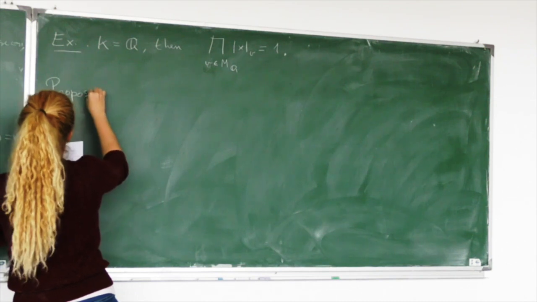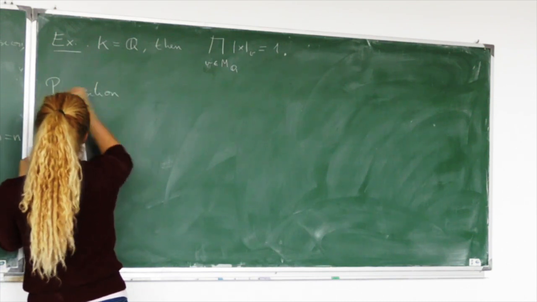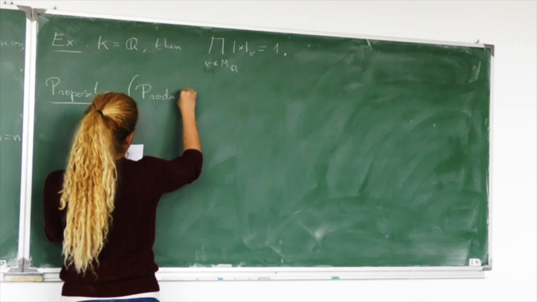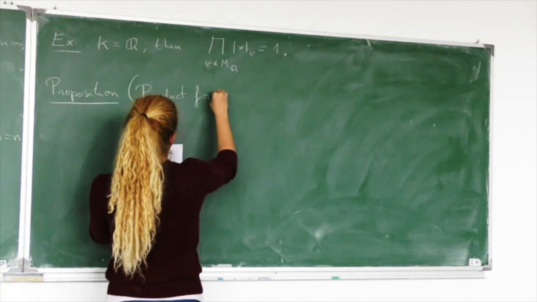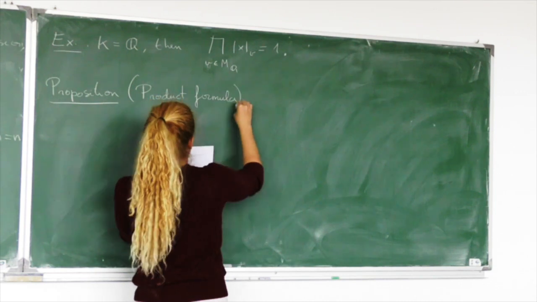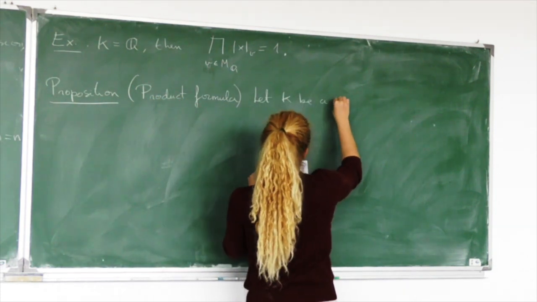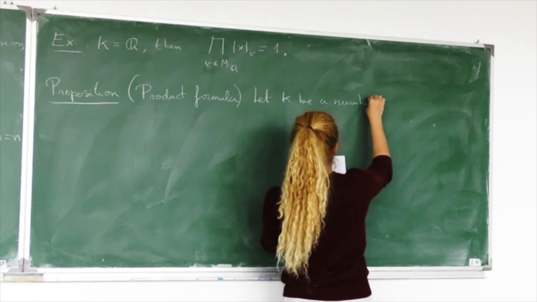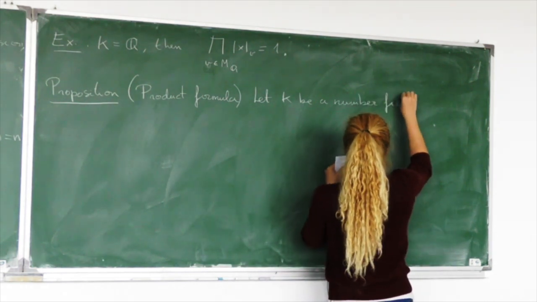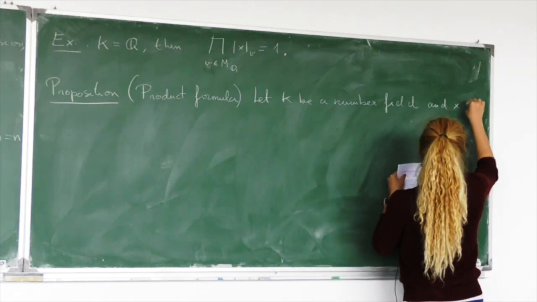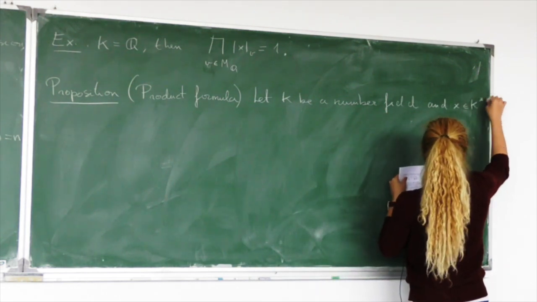So proposition, and this is called the product formula. Let K be a number field, and x an element different from 0.